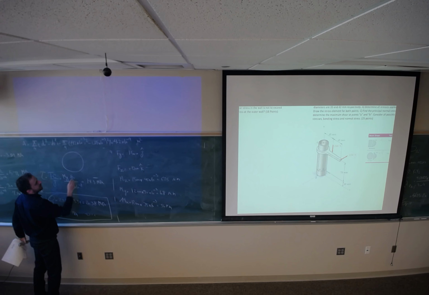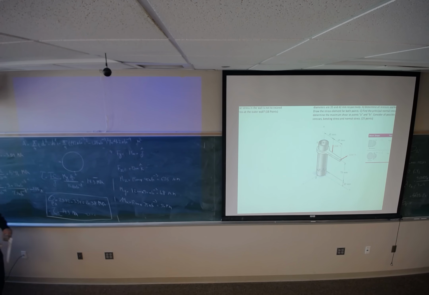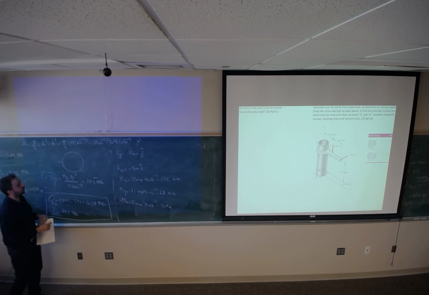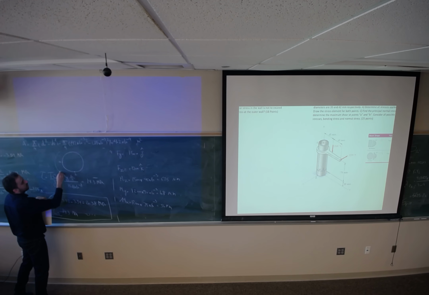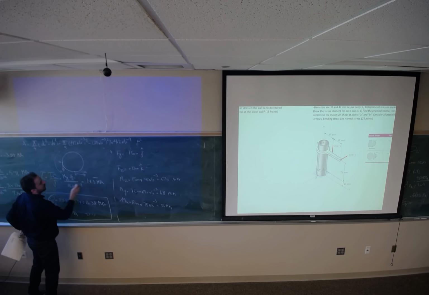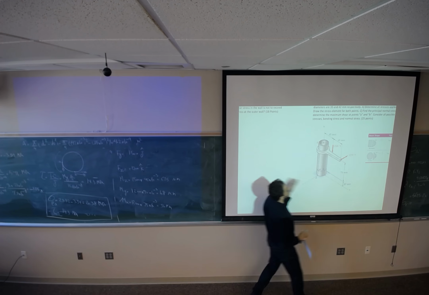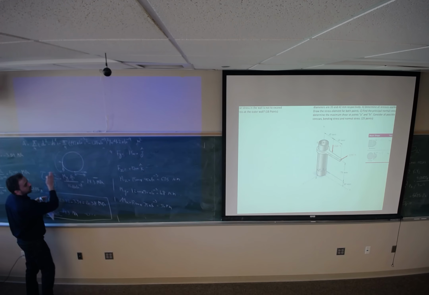On this cross section, if this is point A, this is point B. The torsion is gonna rotate in this direction. So the shear stress here is gonna be in this direction, and point A is gonna be in this direction. And this force is gonna be in this direction, because this force is gonna cut the surface from left to right.